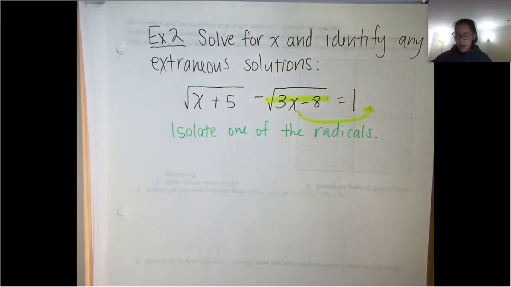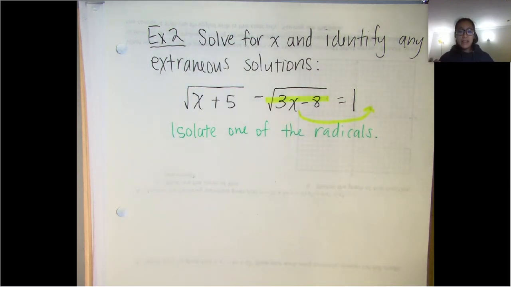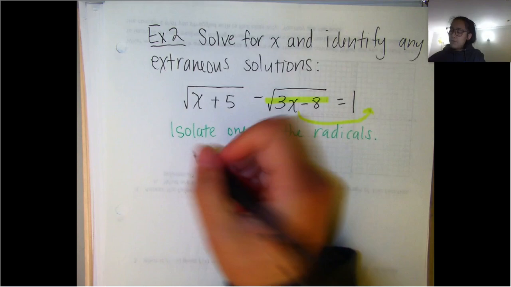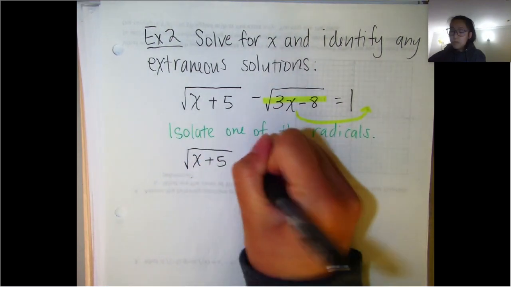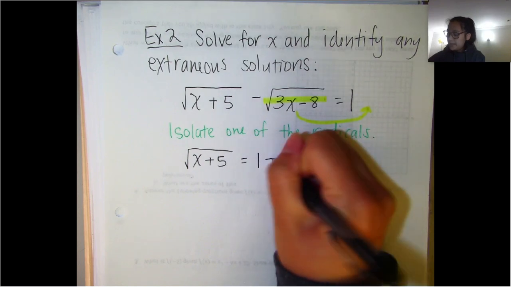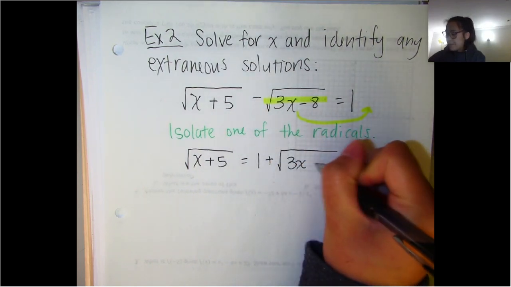The goal here again is to isolate one of the radicals. If you choose to isolate the square root of 3x minus 8, that still works, but I like to take the easier way. So we'll have the square root of x plus 5 equals 1 plus the square root of 3x minus 8.